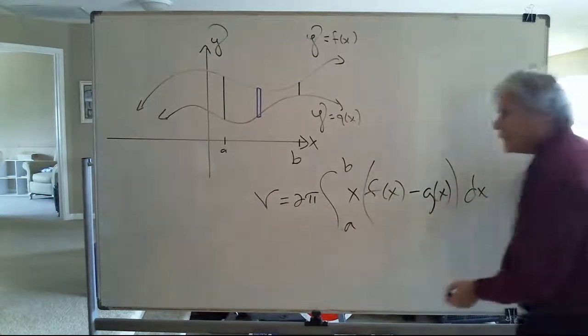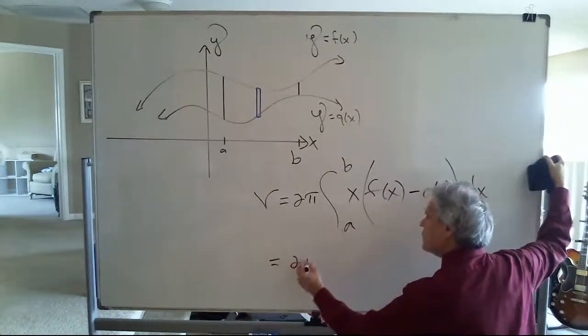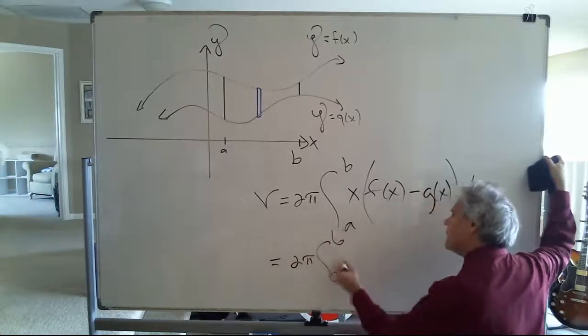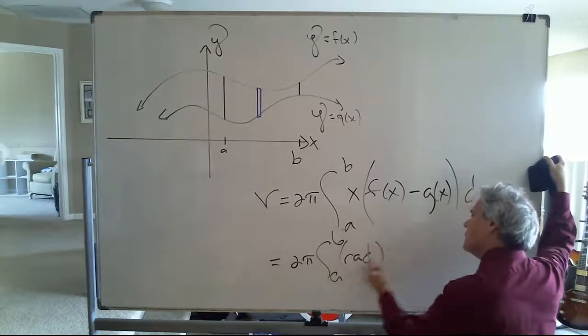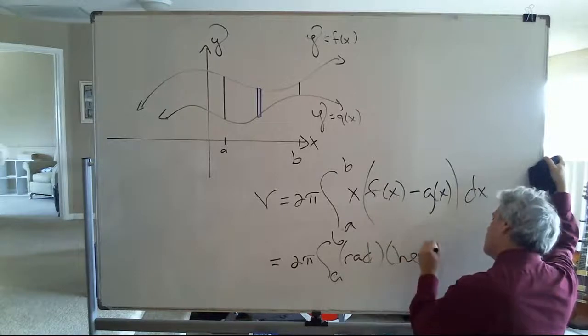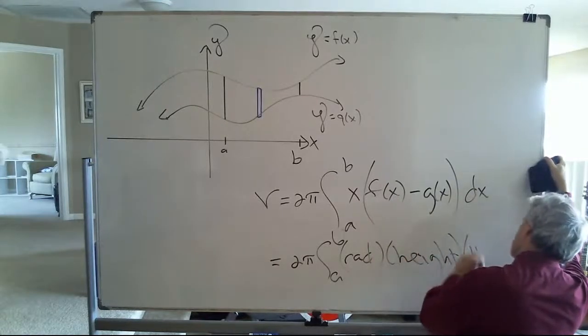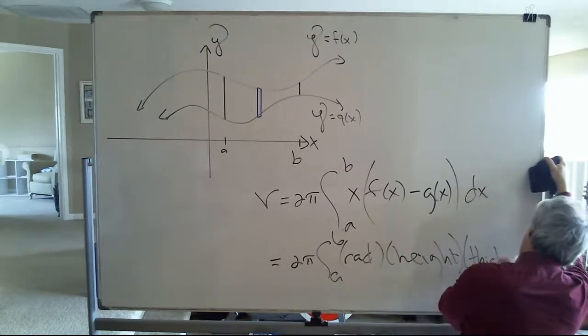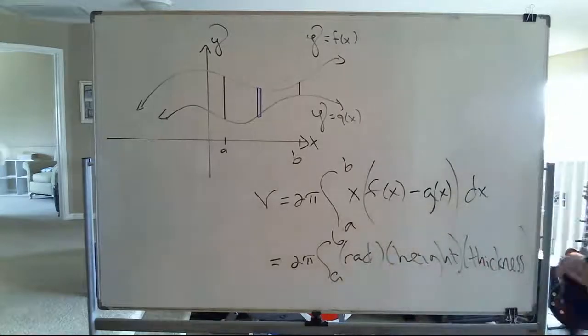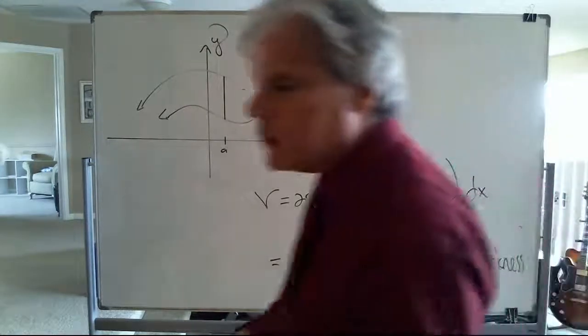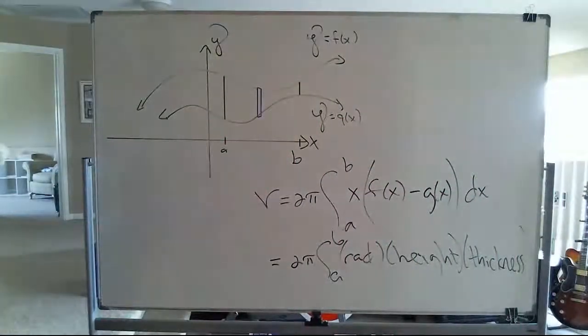I will still schematically refer to this as such. That is going to be your technique for computing the volume of the solid of revolution using the cylindrical shell technique.